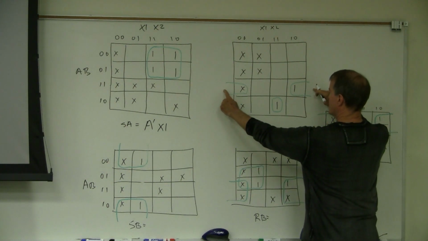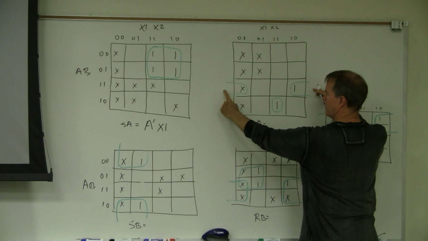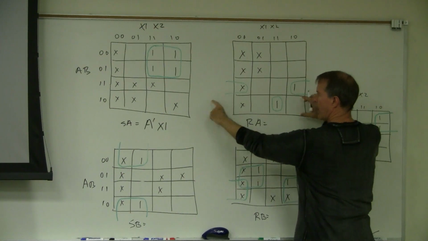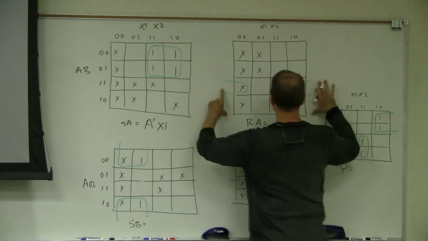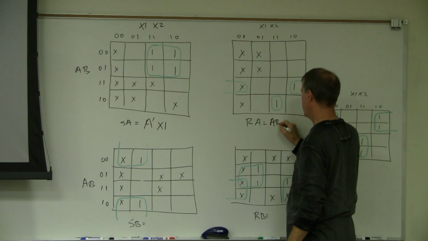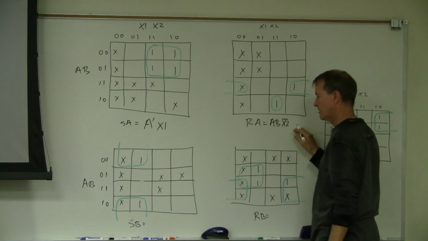What are these? Just A would be the bottom 2 rows. Yeah, A, B, and then x2 prime or bar.